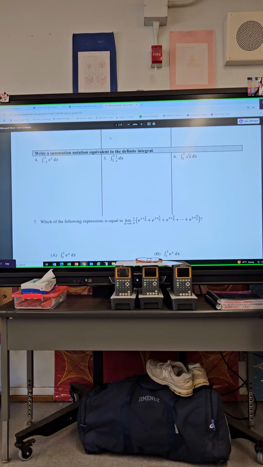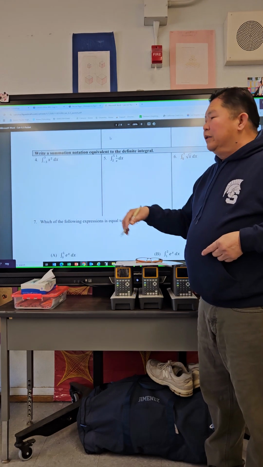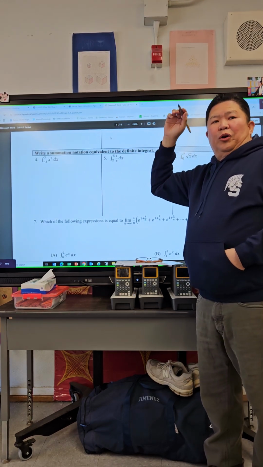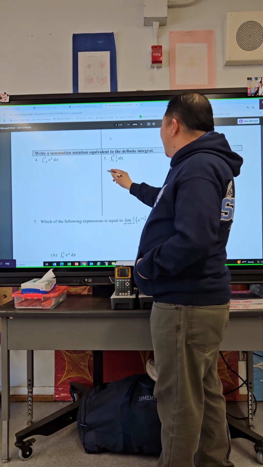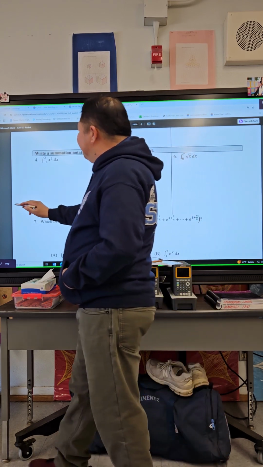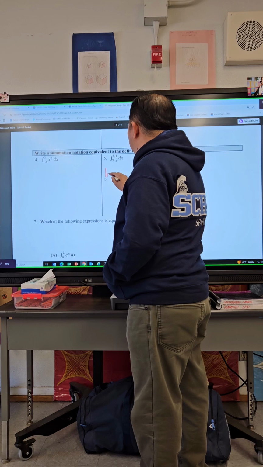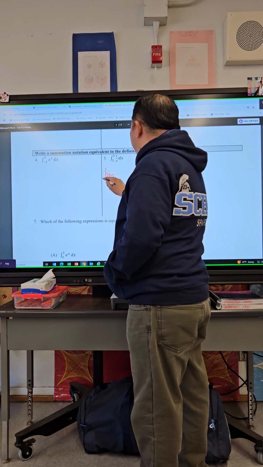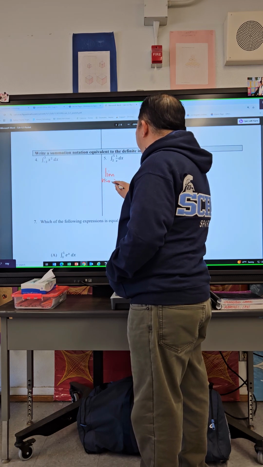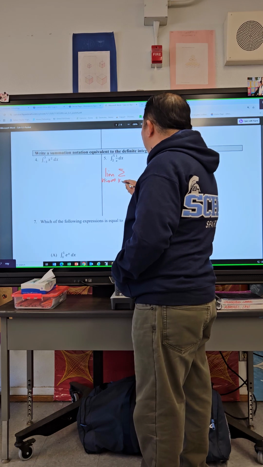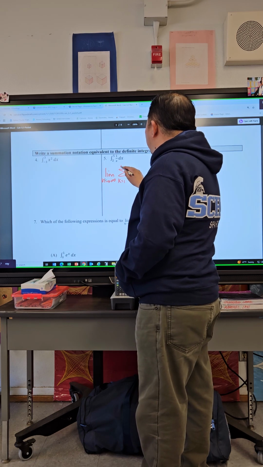What is the lower limit? Or can we do mental math right away without writing the formula? So can we now say the limit as n goes to infinity, and then the summation k equals 1 to n.